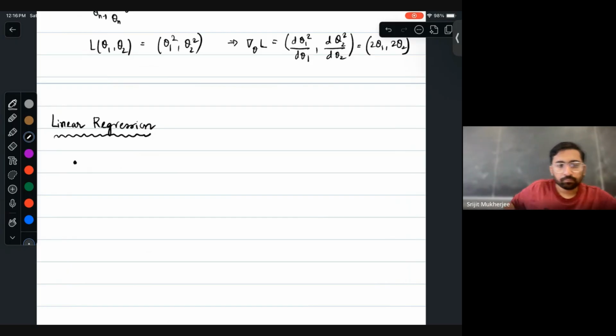We can write the linear regression, let's do simple linear regression, like let's say yi is equal to w xi plus b. Okay. And understand this very carefully.